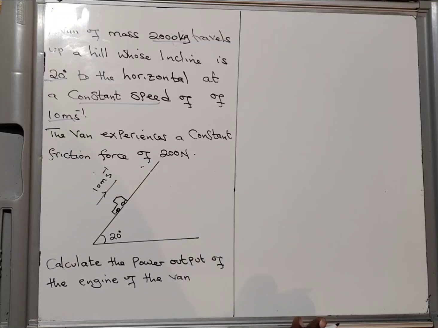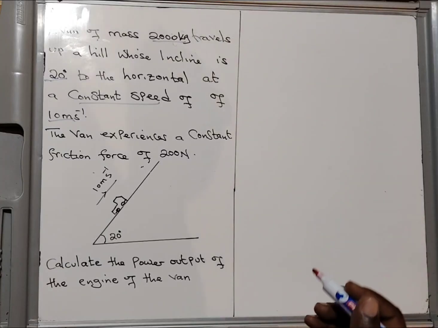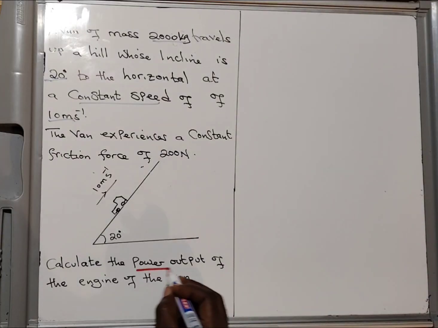Okay. So what do you do here? How do you go about this? There is some important information you need to consider here before you do anything. First of all, the question is looking for power output. That's very important to know.